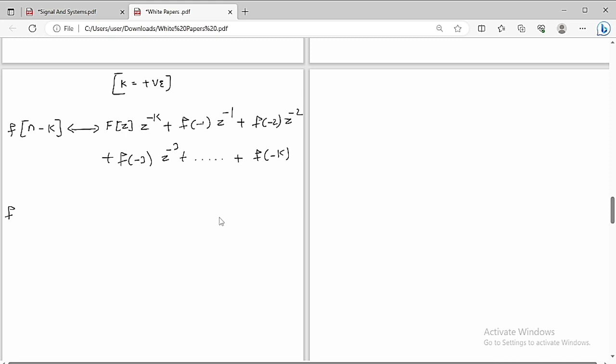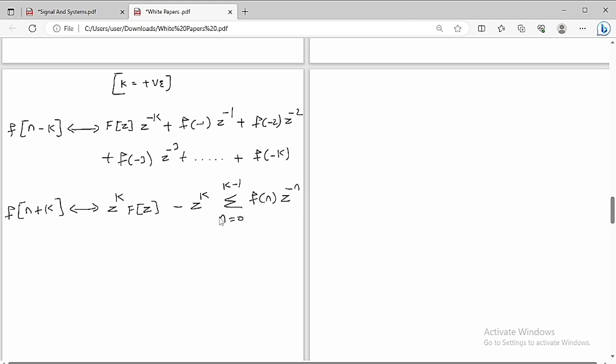But don't write here anything. Suppose f of n plus k. If you apply the unilateral transform, what is the formula? We have to remember z to the power of k into f of z minus z to the power of k into sigma n is equal to 0 to k minus 1 f of n into z to the power of minus n.